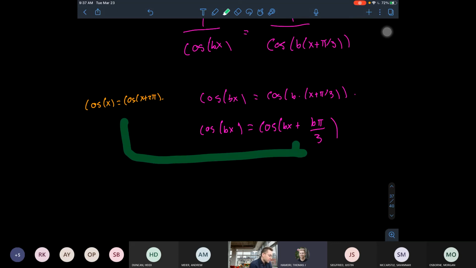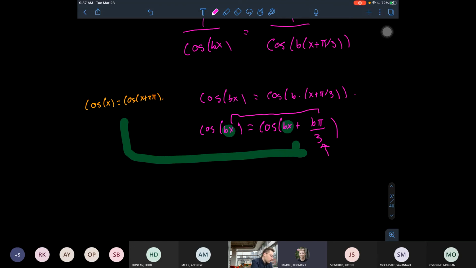The fact that cosine of x is always equal to cosine of x plus 2 pi. Well, here I have cosine of bx is equal to cosine of bx plus some other stuff. What I'm trying to say is that we have the same thing here and here, and then we add something to the angle in the second case. And these should always be equal.